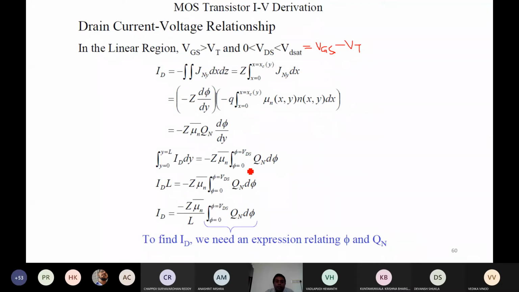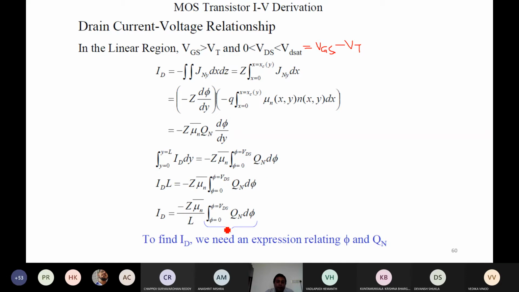So the right side integral limit is from 0 to VDS of qn d phi, and the left side integral limit is with respect to channel length. At the source side y equals 0, and at the drain side y equals L, of id dy. By integrating in this way, we are able to find id times L. So this whole length will come, and minus z mu n bar, the effective mobility, times the integral from phi equal to 0 to phi equal to VDS of qn d phi.